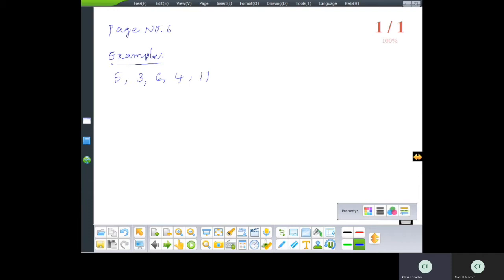Next one, from smallest to biggest. Now from biggest to smallest.